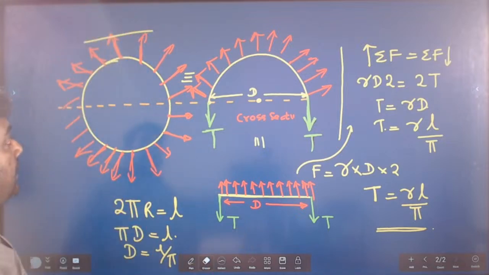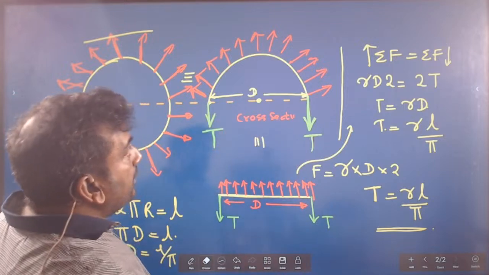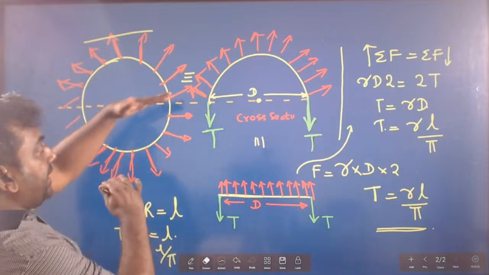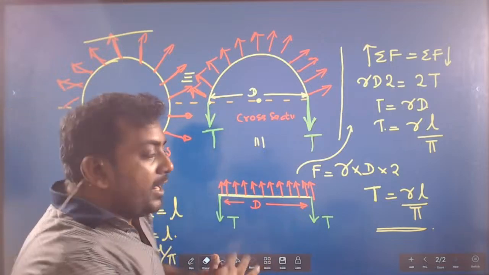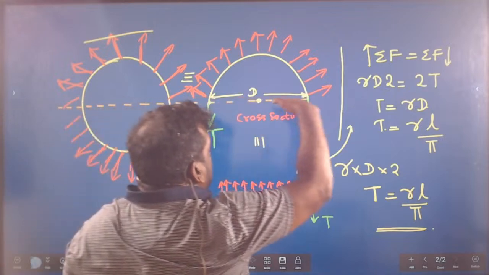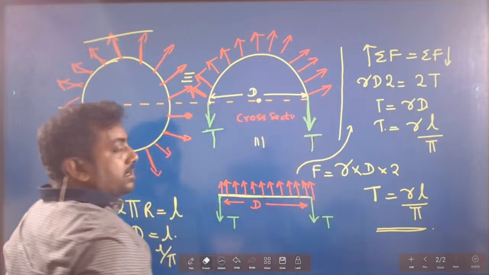Right. So here surface tension will pull in all directions. To find the tension, there is no other way: you must take a cross-sectional area. From this corner also there is a tension, from this corner also there is a tension.